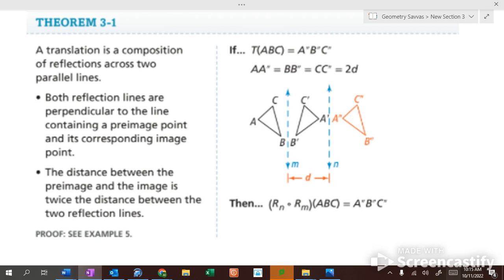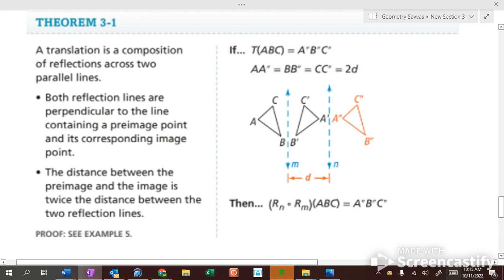So any translation can be the combination of 2 reflections, across a line and then across the line again. The distance between the A's is twice the distance between the lines of reflection. So this distance here is half the distance from A to A.